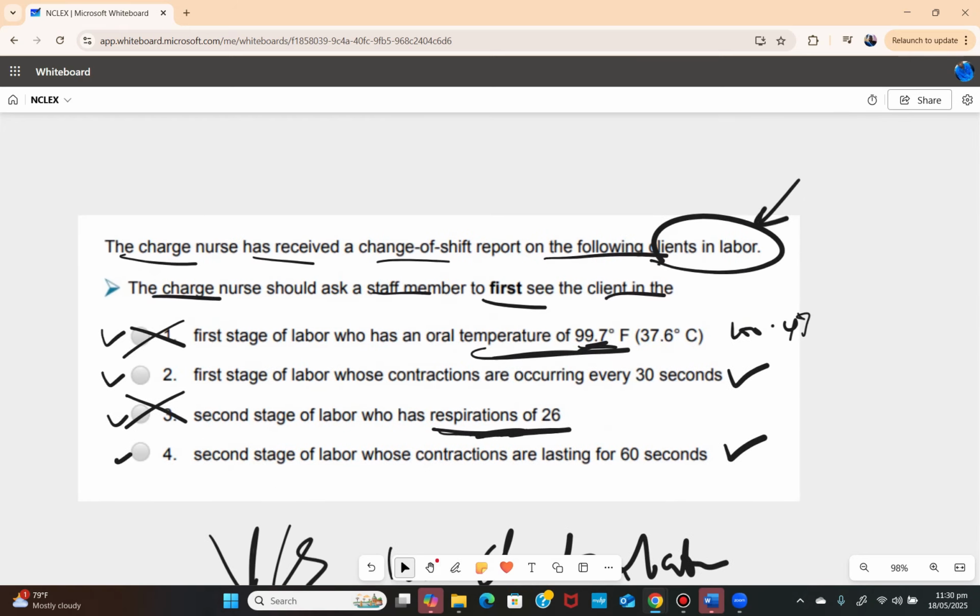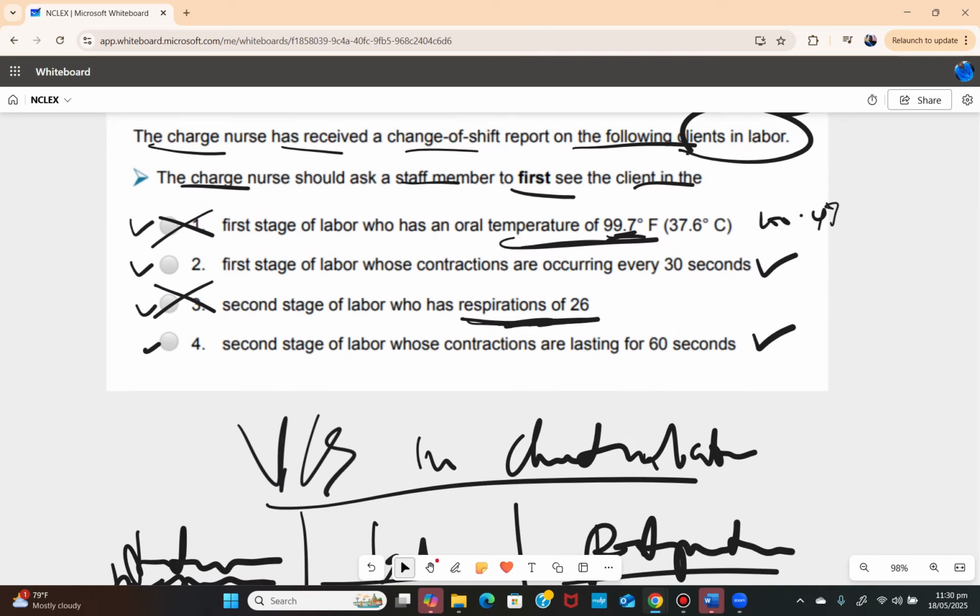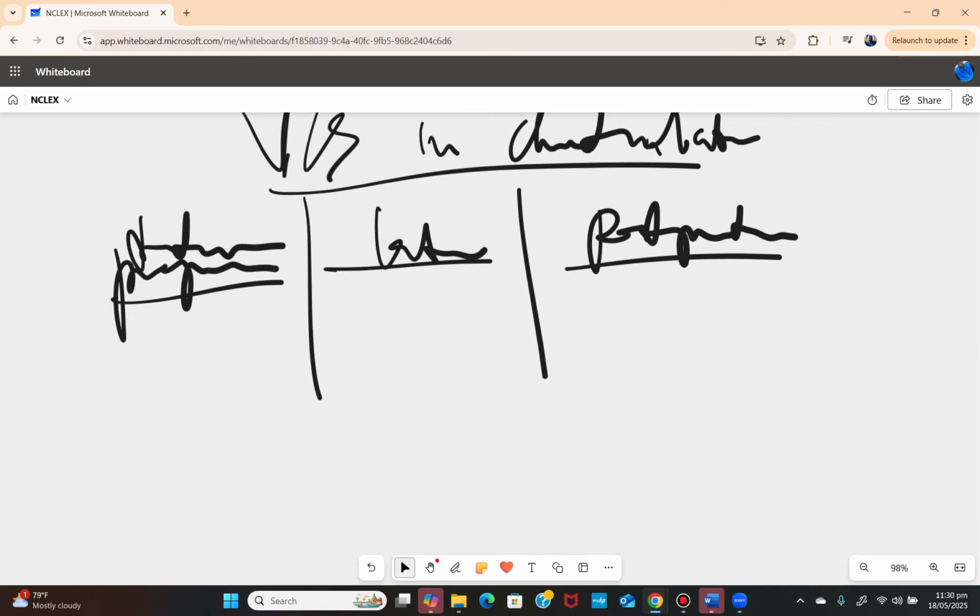As you can see right here, the NCLEX stated clients in labor. So all we are thinking about is vital signs related to clients in labor.